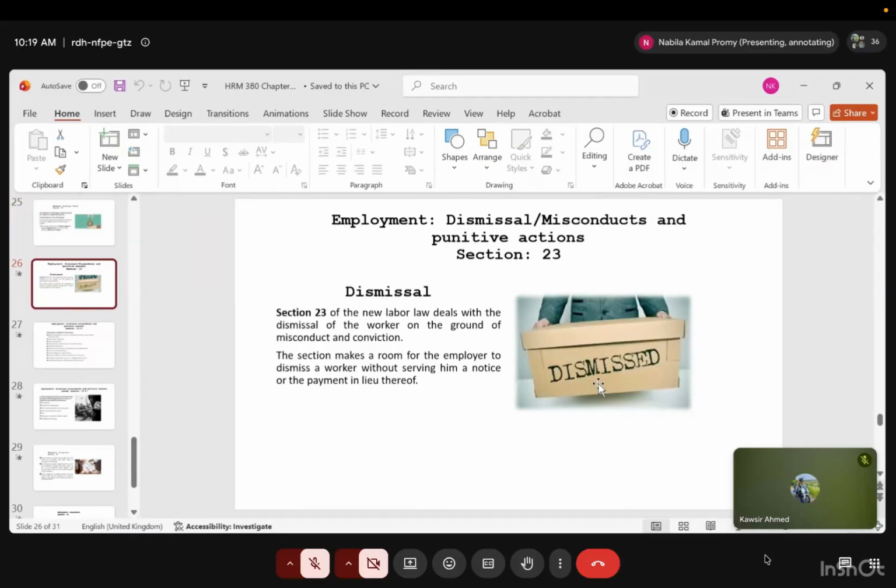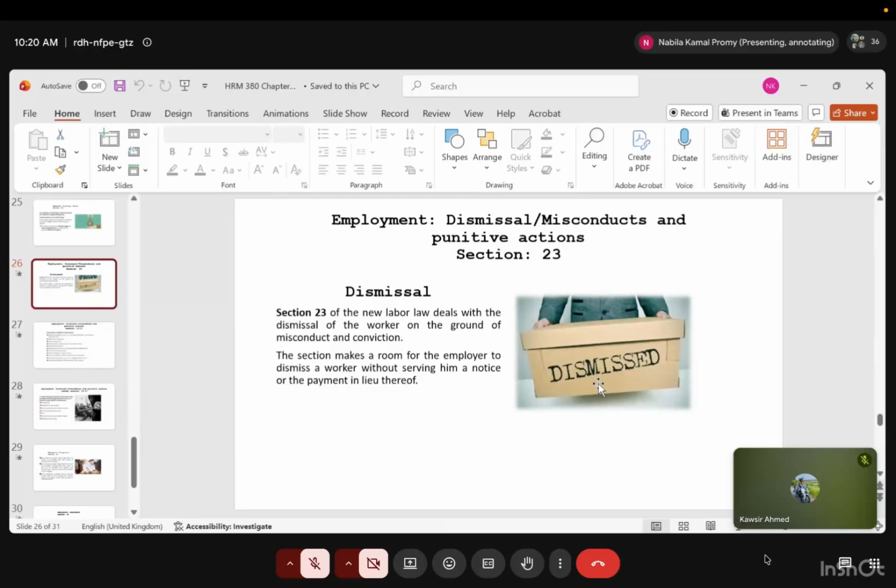Okay, so next we have dismissal. In this case, again, it's a form of termination where you are terminating an employee, but this time the employee is at fault. The employee has done something wrong, and that's why the company is dismissing the employee. In that case, usually there is no prior notice.